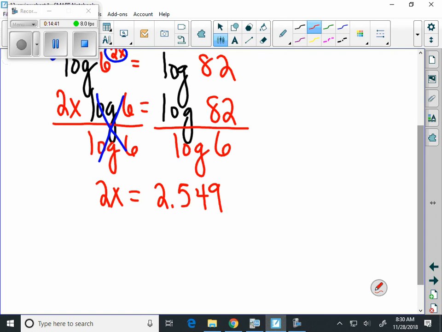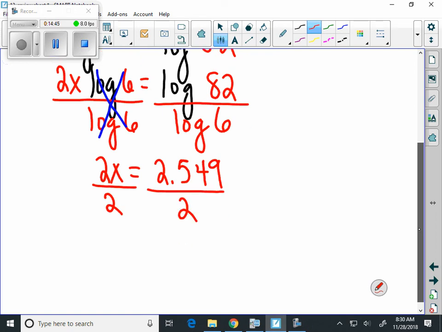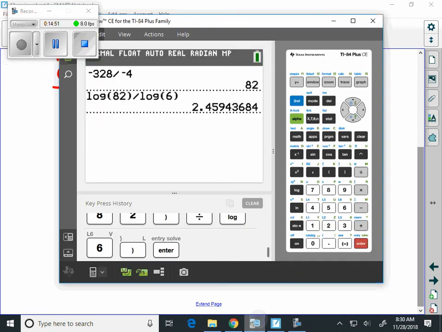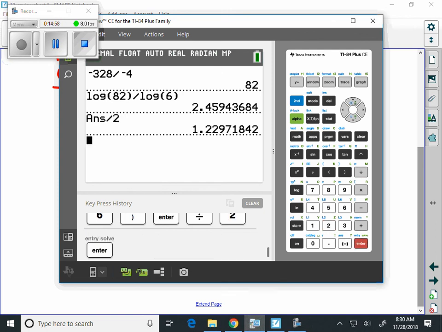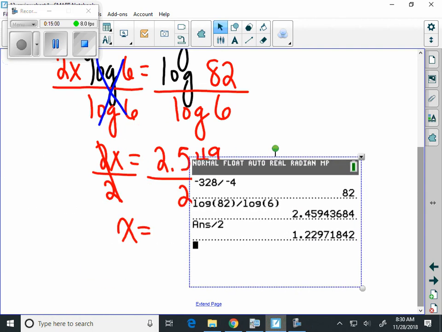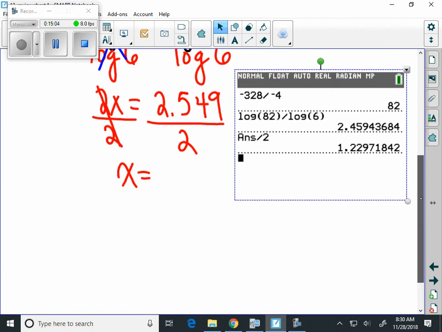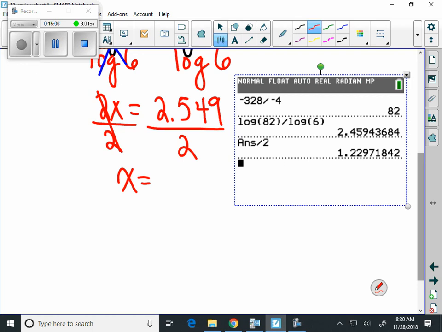Well, we need to divide both sides by 2 to finish this problem. But remember that 2.549, it's in our calculator. So we're going to pull our calculator back up. We're going to divide by 2. We get this number, and this number here is going to help us determine what our answer to this problem is. We're going to look at the 7 to determine what to do to the 9.